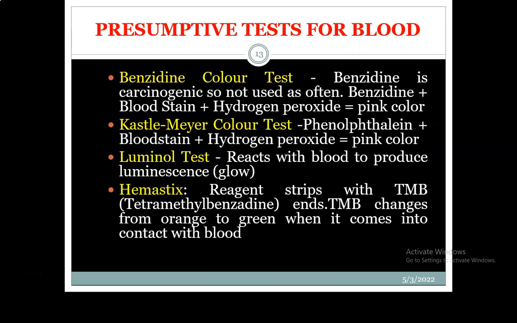If you have a dried blood stain, it means you have to wet the strip, then you apply it to your stain. Once again, if it changes color from orange to green, then you can boldly say that you have blood.